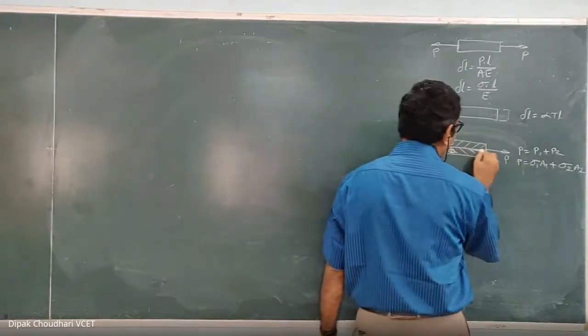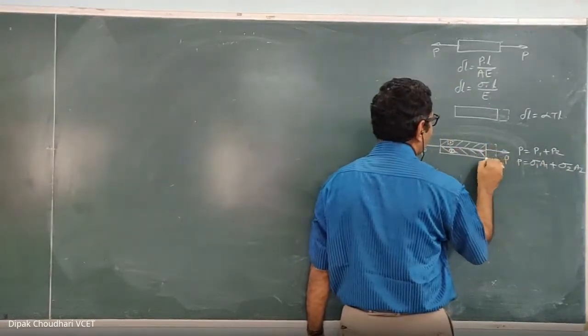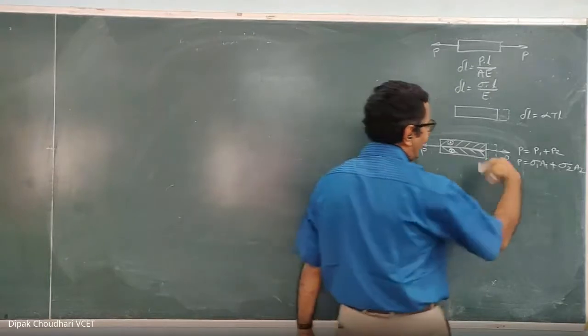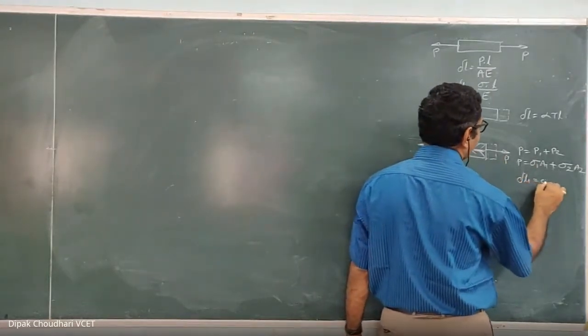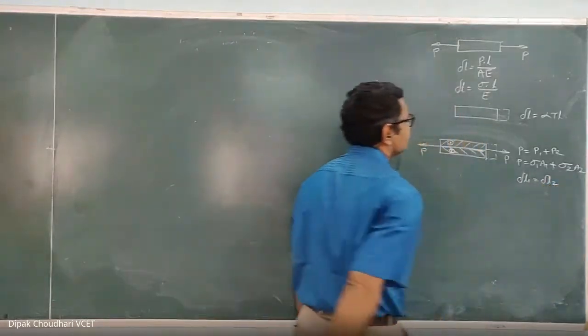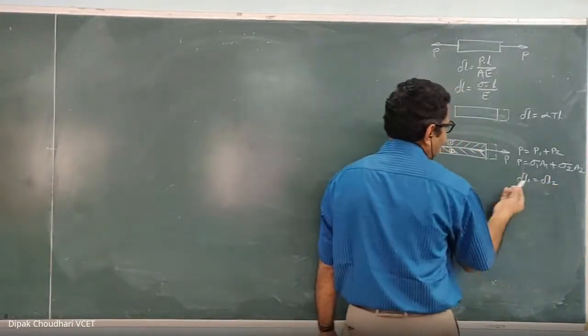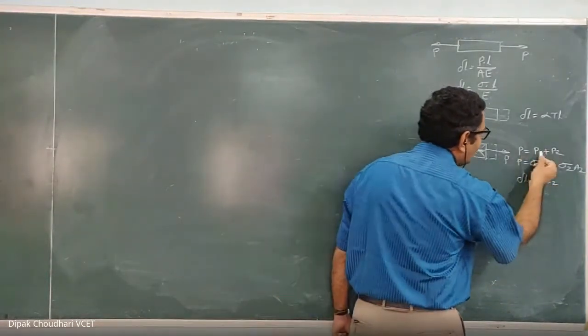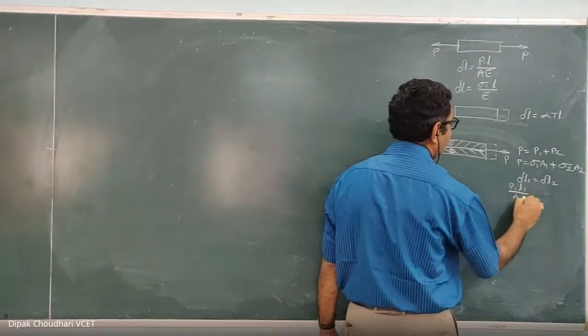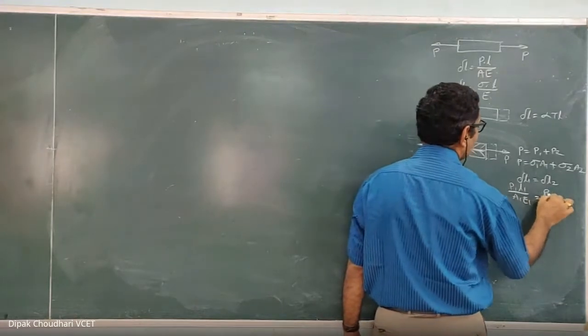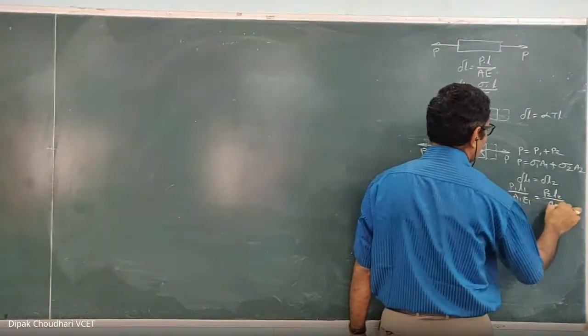And since these two materials are rigidly connected, the deformation of both the materials will be the same. According to that, we have written the strain relation in which delta L1 equal to delta L2. Here delta L1 is the deformation of material 1 because of P1. So this can be written as P1 L1 upon A1 E1 equal to P2 L2 upon A2 E2.